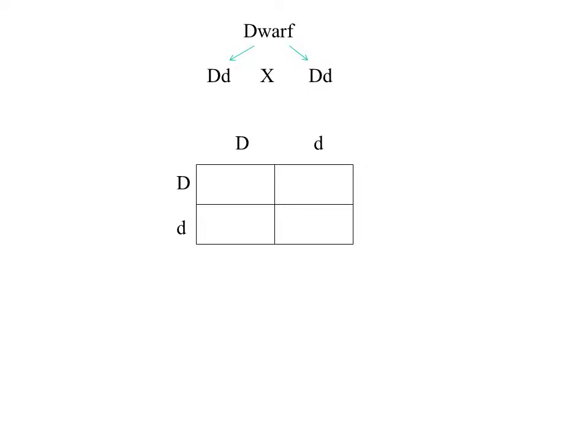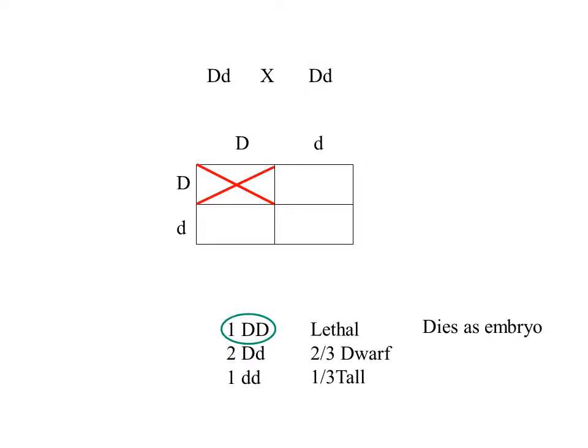This is how you should set up the cross. Two dwarfs would have to be heterozygote for the trait because it is a dominant genetic disorder. So you have to eliminate one of the possibilities in the offspring because that offspring would die during gestation.